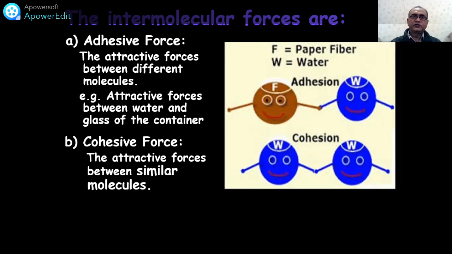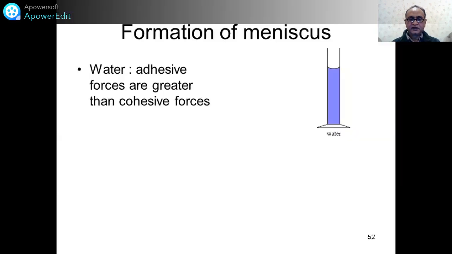If adhesive force is greater, then we see a meniscus. Meniscus means the top layer of the liquid. So we see a concave meniscus, a concave layer like this. Why? Because here the liquid molecules will try to attract glass molecules. That is why they climb up from the corners.